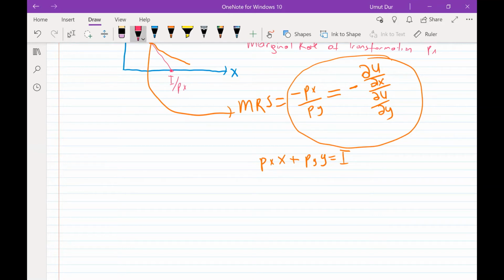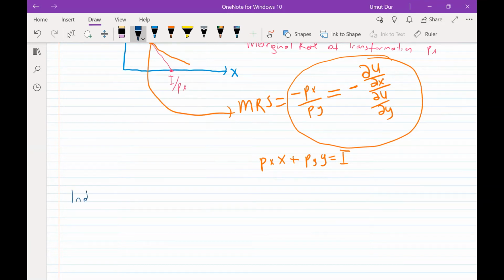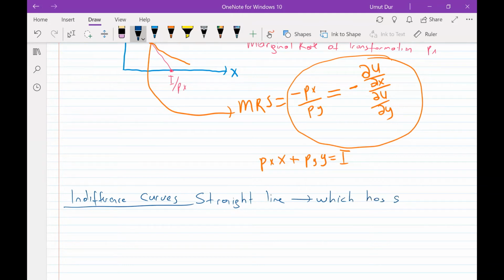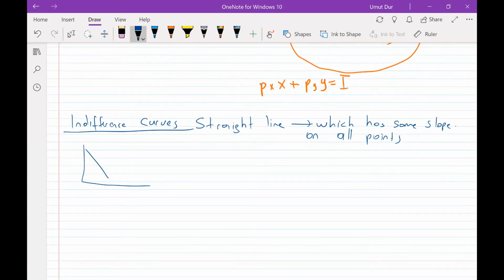The first one is the straight line ones, which have the same slope on all points and are straight lines, like this.